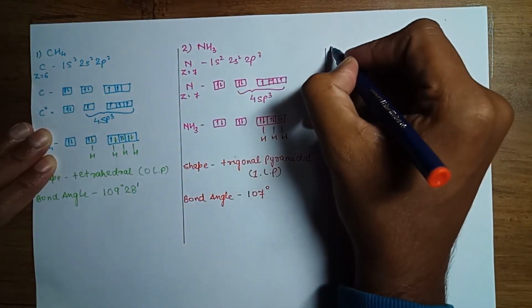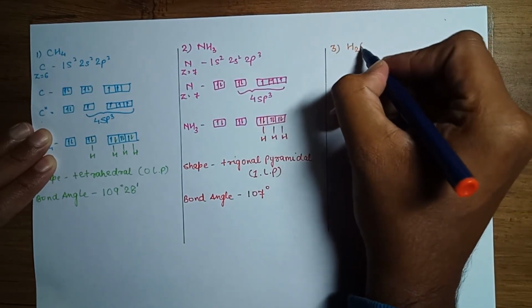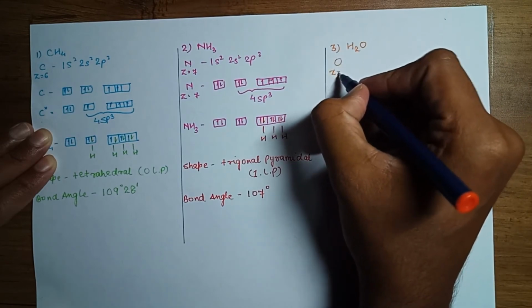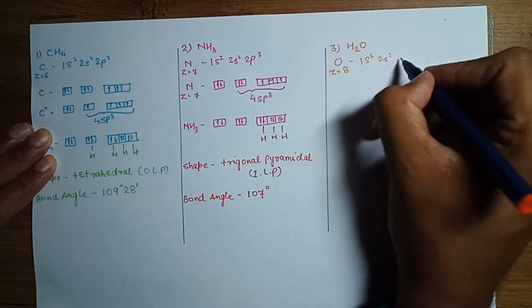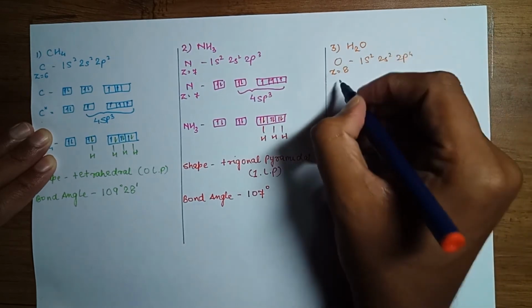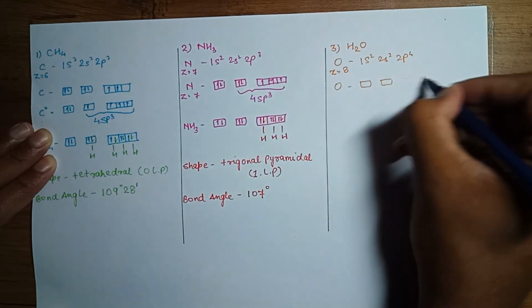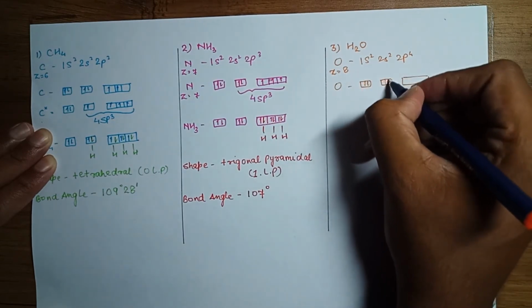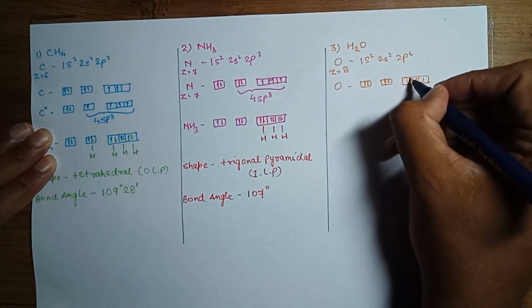The third example we will see is water, H2O. Here the central atom is oxygen, and oxygen's atomic number is 8. Electronic configuration is 1s2, 2s2, 2p4. Its box diagram has 2 electrons in 1s, 2 electrons in 2s, then in 2p first 1 electron each, then pairing.